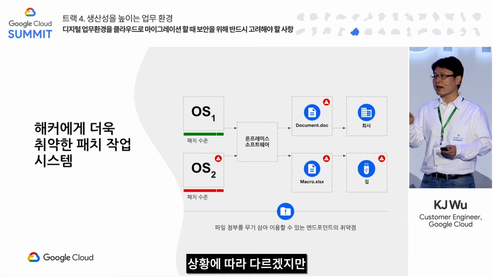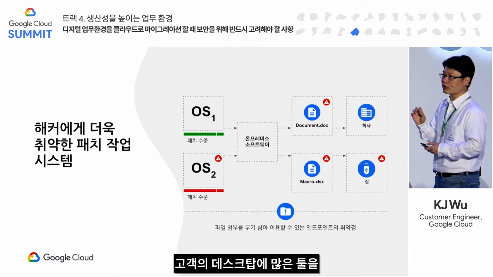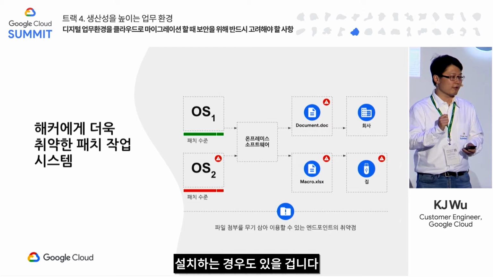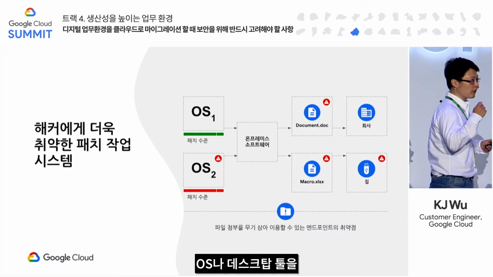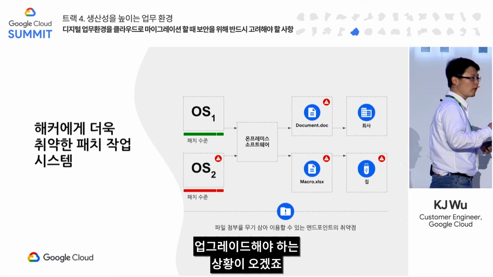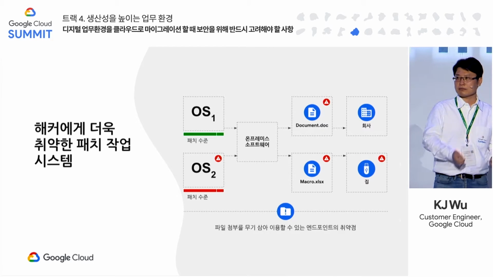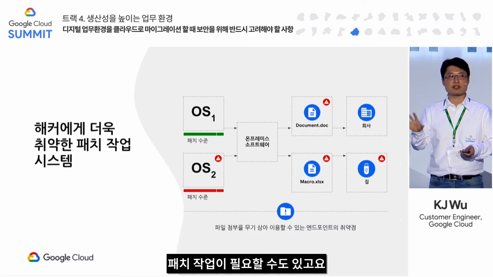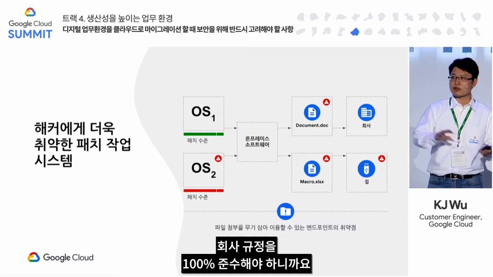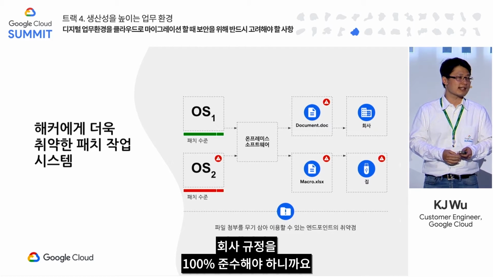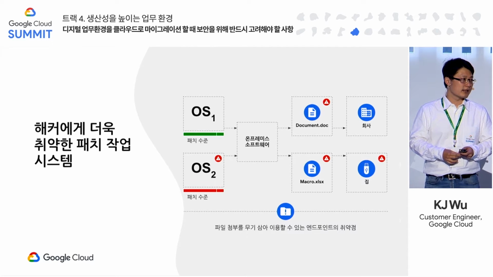Another example is patchwork. If you install a lot of client desktop tools, you will probably feel the pain. Every time the OS or your desktop client tool needs to be upgraded or have new patches applied, it's a long life cycle. You need to make sure of 100% compliance inside your corporation.